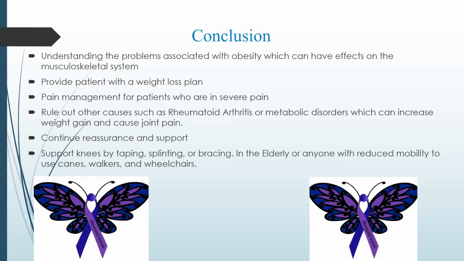In conclusion, I wanted to do an overview of what we talked about. It was understanding the problems associated with obesity and how it can affect the musculoskeletal system. Provide the patient with a weight loss plan. Pain management for patients who are in severe pain. We may never get them pain free, but we do want them up and functioning, and also provide information regarding aerobics.